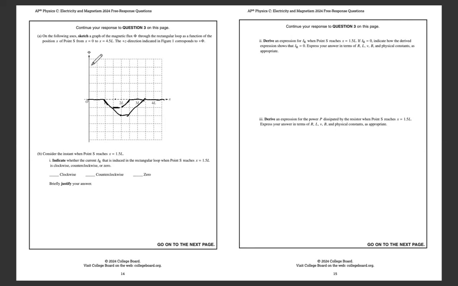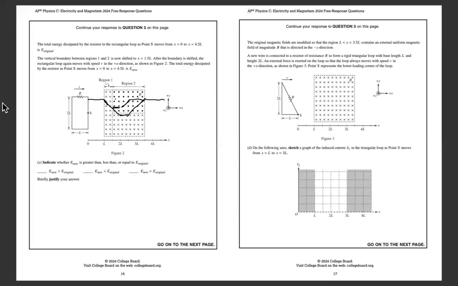The flux is going to be changing for less time as well. So I do believe you're going to have a lower energy dissipated, because the flux changes at the same rate, but for less time and over less distance.